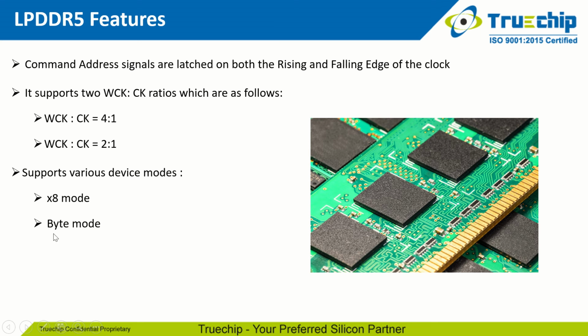The second one is byte mode, which allows higher density such as 32 GB devices with 4 8 GB DRAM dies, with each DRAM die supporting only a byte from both channels. The third one is the X16 mode, which is the default mode used to perform all operations and supported by all bank architecture.